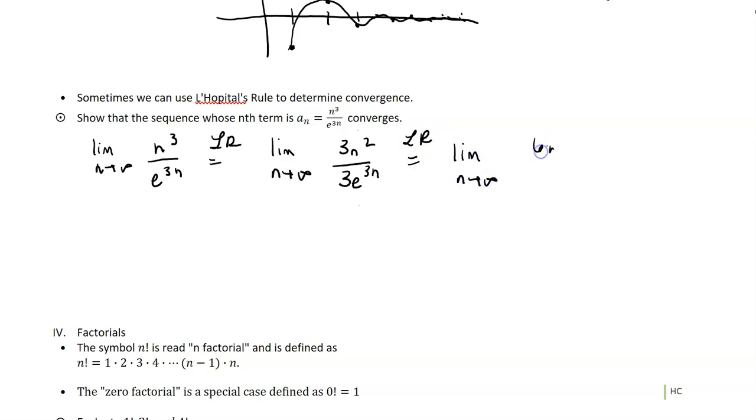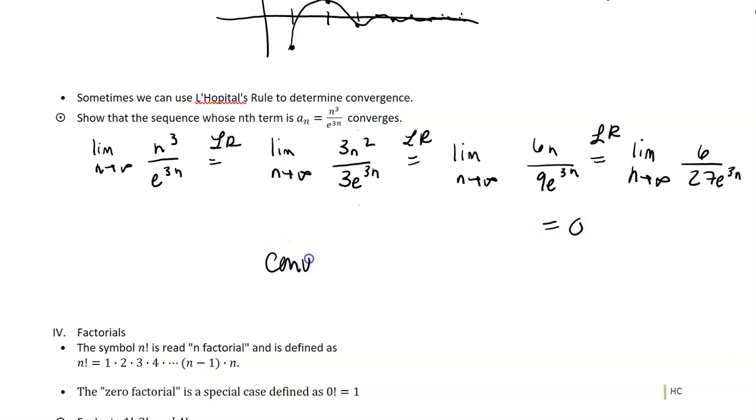So I would get 6n over 9 e to the 3n. And again, we have infinity over infinity, so I would use L'Hopital's rule again. And I would get 6 over 27 e to the 3n. So now we have a fixed constant divided by something that's approaching infinity. So this one is 0, so we can say that this one converges to 0.